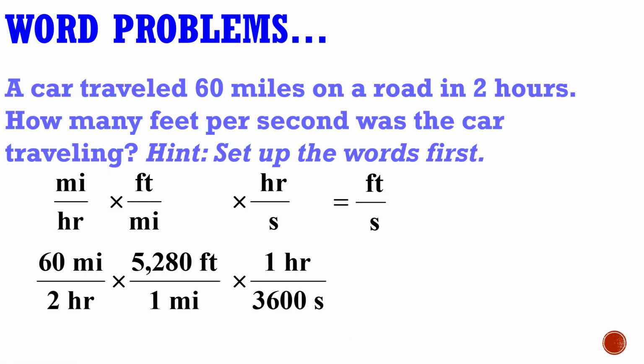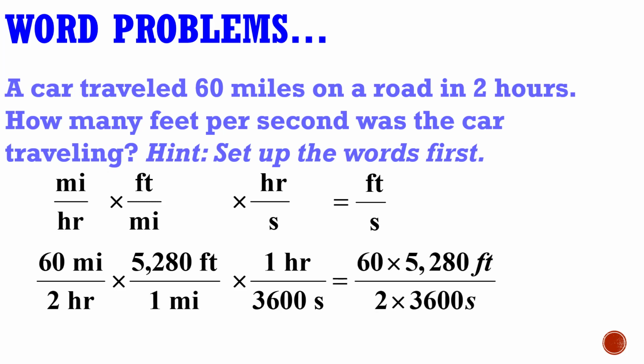Well, now we can cancel out the units, which means we're going to end up with feet per second, and we multiply the numeric values straight across. 60 times 5,280 times 1 over 2 times 1 times 3,600. Which simplifies out to 44 feet per 1 second.